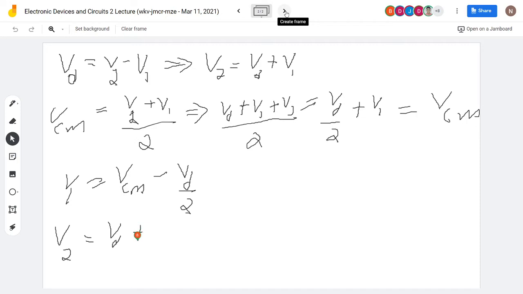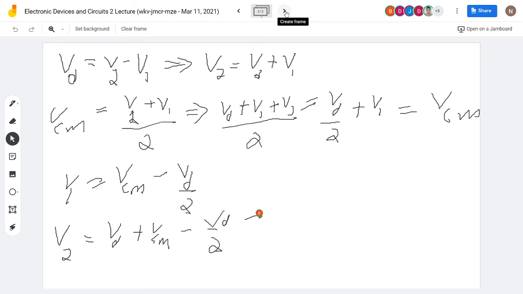What is V1? V1 is this, which is VCM minus VD over 2.